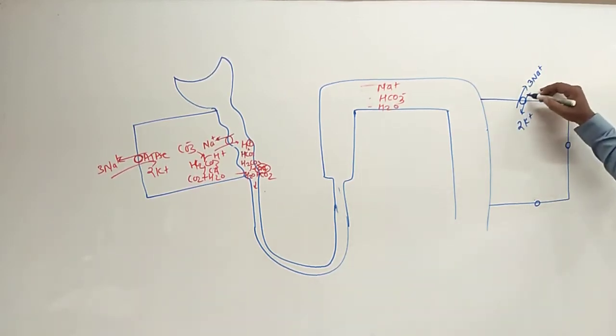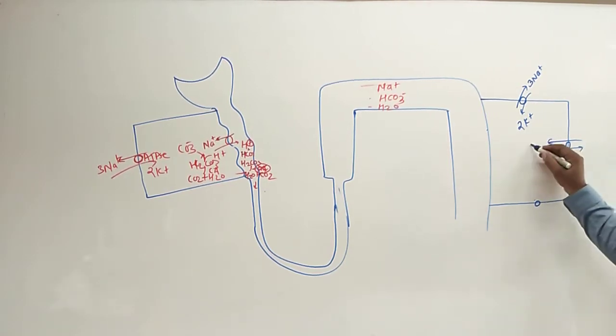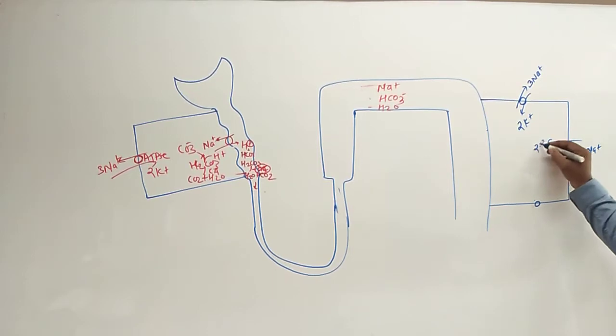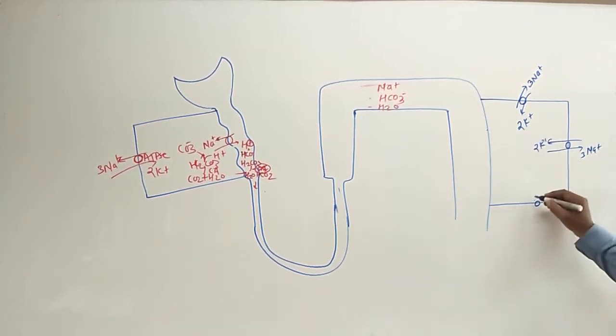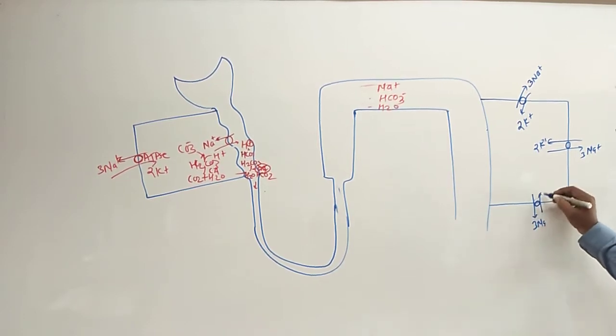This is called the sodium potassium ATPase. Similarly here also, 3 sodium outside and 2 potassium inside the cells.